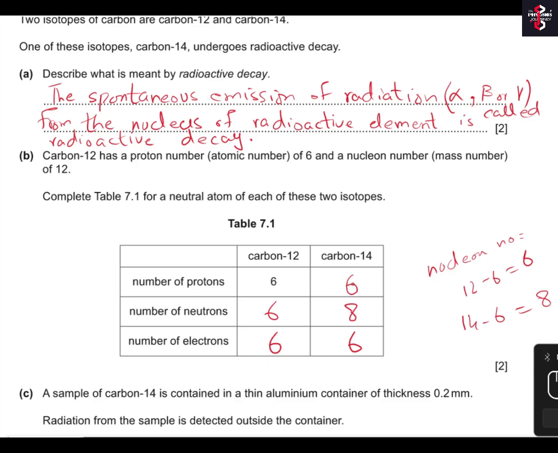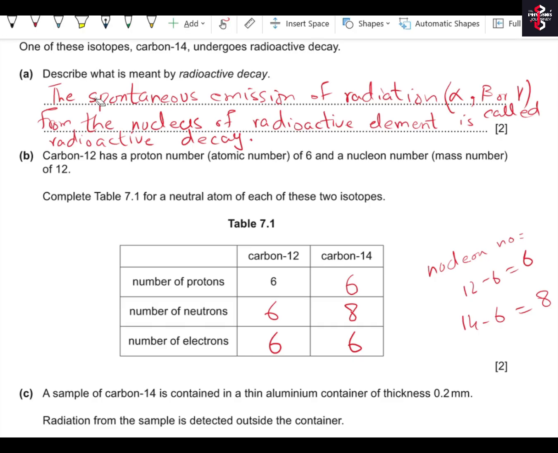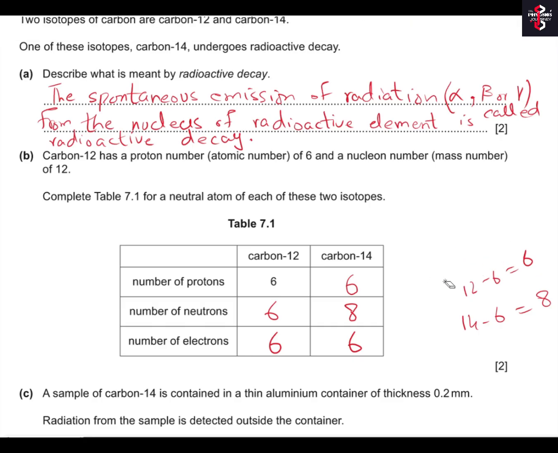Now you can see that by adding the number of protons and the number of neutrons we can get the nucleon number.